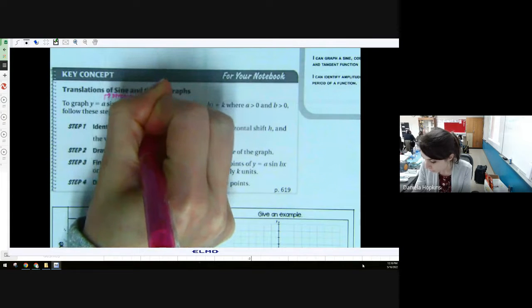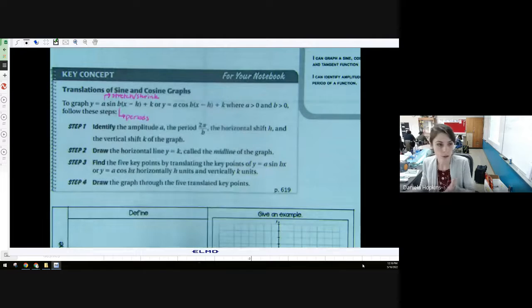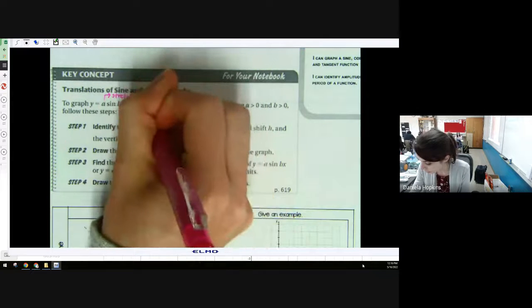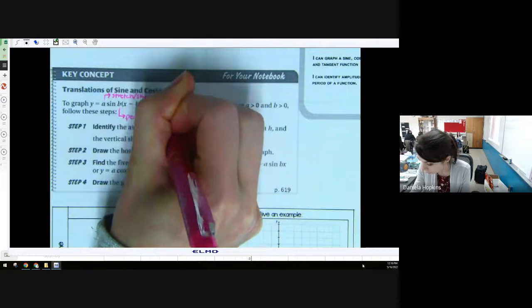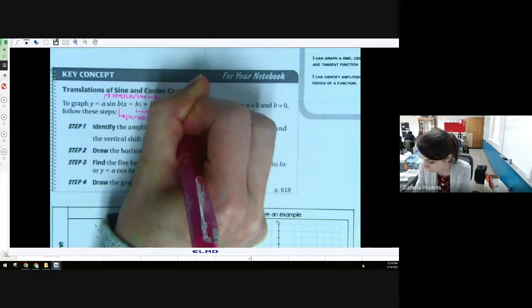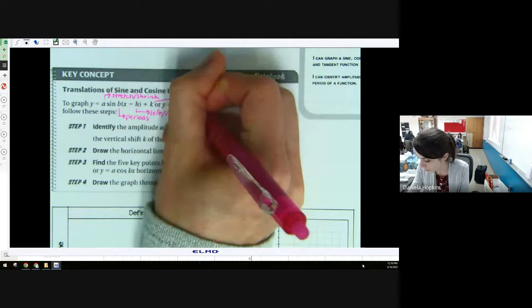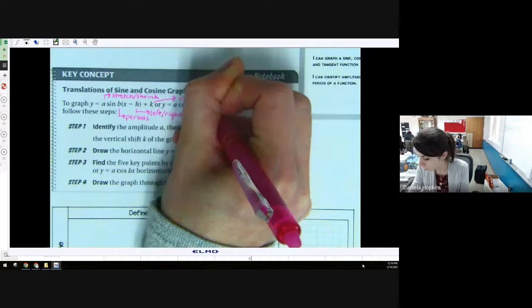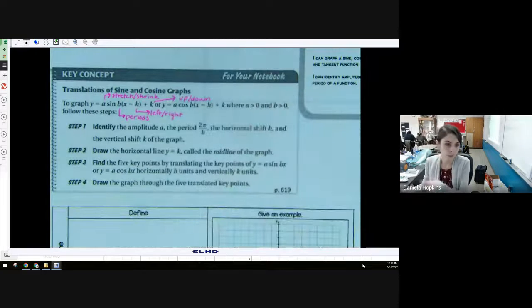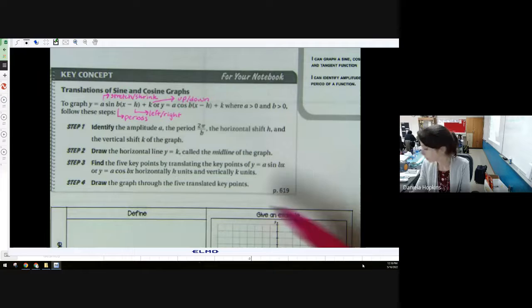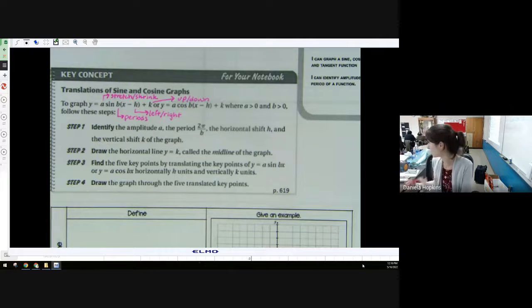It was basically a vertical stretch or shrink, but we're just going to talk about the period. The H part will be our left or right. And then the K, which we'll squeeze in here, is going to be up or down. And if you can't squeeze all that in, that's okay, because we're going to rewrite these multiple times. The book does give you a breakdown on how to graph these. As we go through the examples, you'll see the ways that make sense, just moving points.